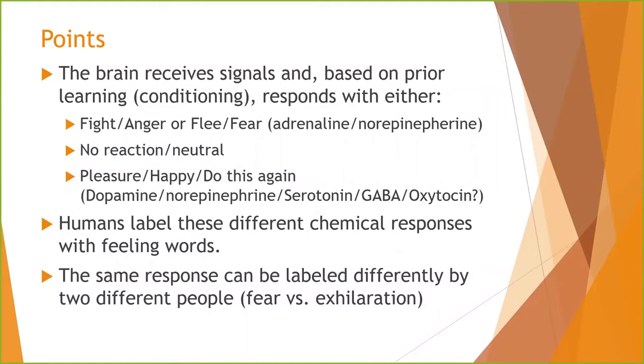Prior learning tells us whether we can take whatever the threat is and subdue it, which is the fight, or we need to get the heck out of there, and that's the flee. Both are represented, basically, by the same neurochemical dump. There's also the possibility that there's no reaction. There are stimuli all over the place in your environment right now, and you're not reacting to them.